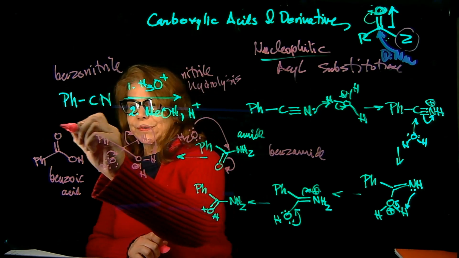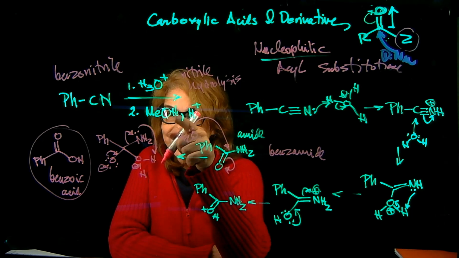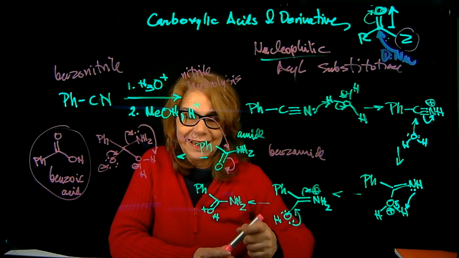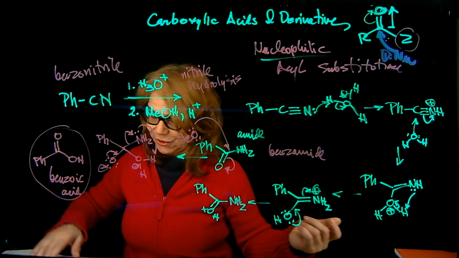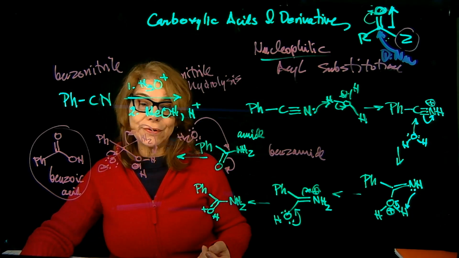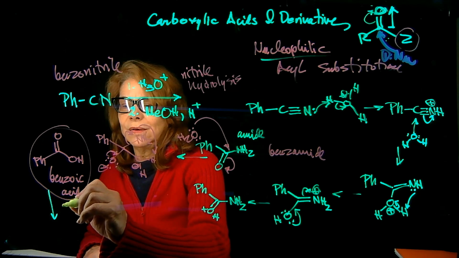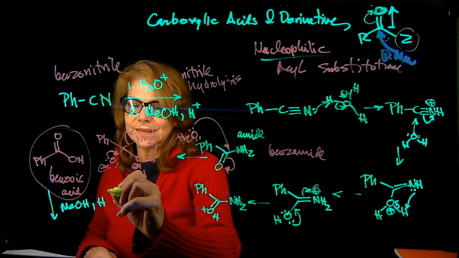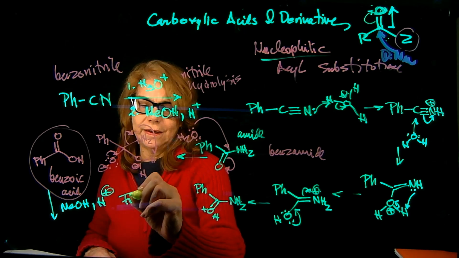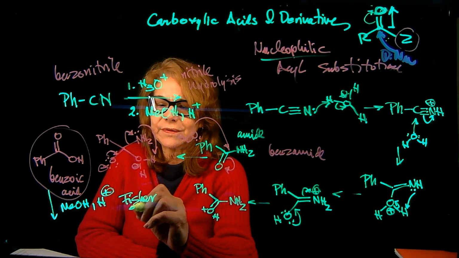Now we're here, and so that second reaction is an esterification. It's actually under acidic conditions. We call that a Fischer esterification. So step 2, which is methanol and acidic condition, is the Fischer esterification.